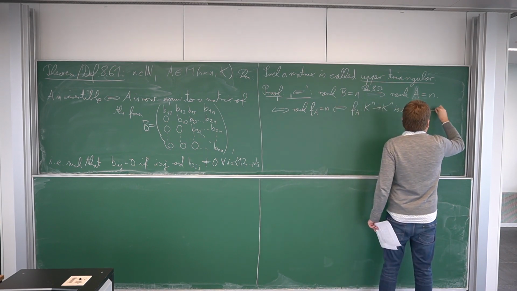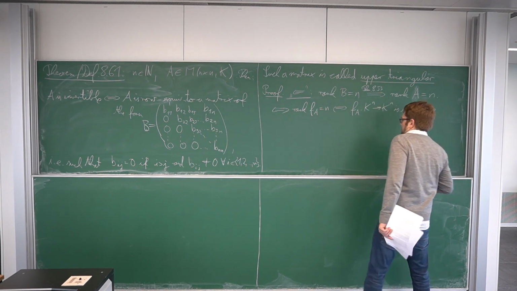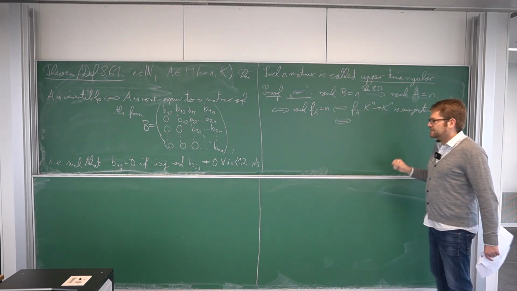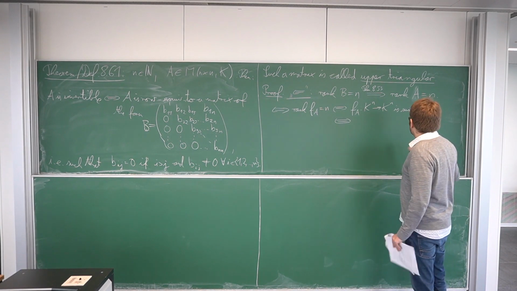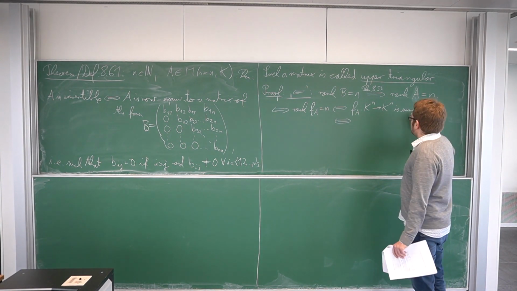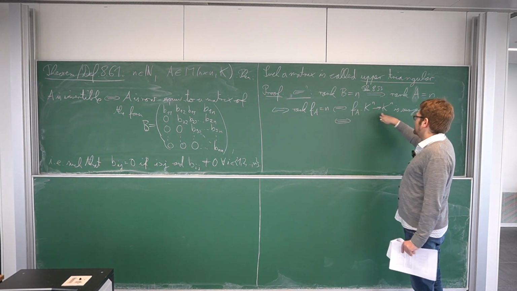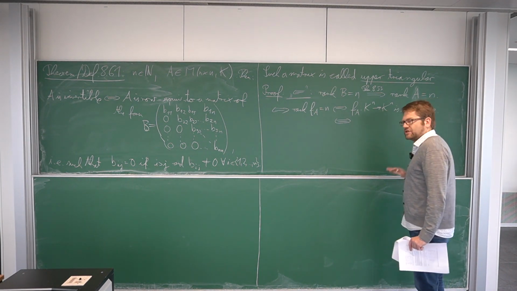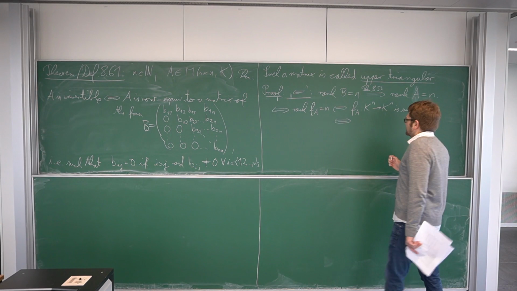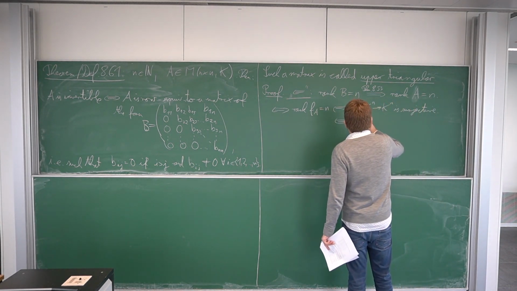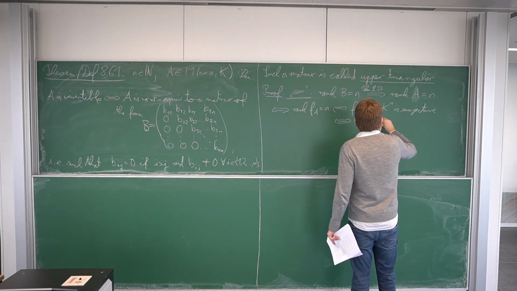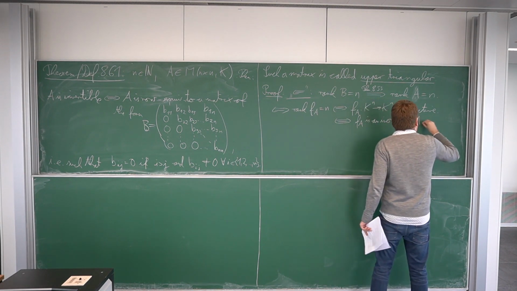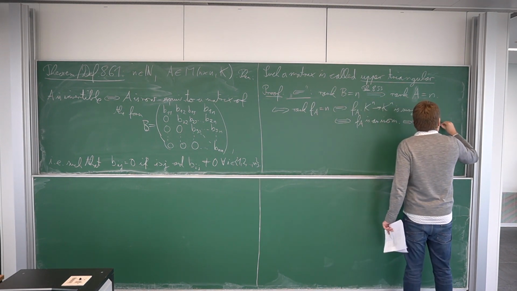And we've seen that for a linear map between vector spaces of the same dimension, I haven't written down the precise statement yet, it was a theorem: if you have two finite dimensional vector spaces of the same dimension, a linear map is surjective if and only if it's injective, if and only if it's an isomorphism. So this means F_A is an isomorphism, and this of course means that A is invertible.